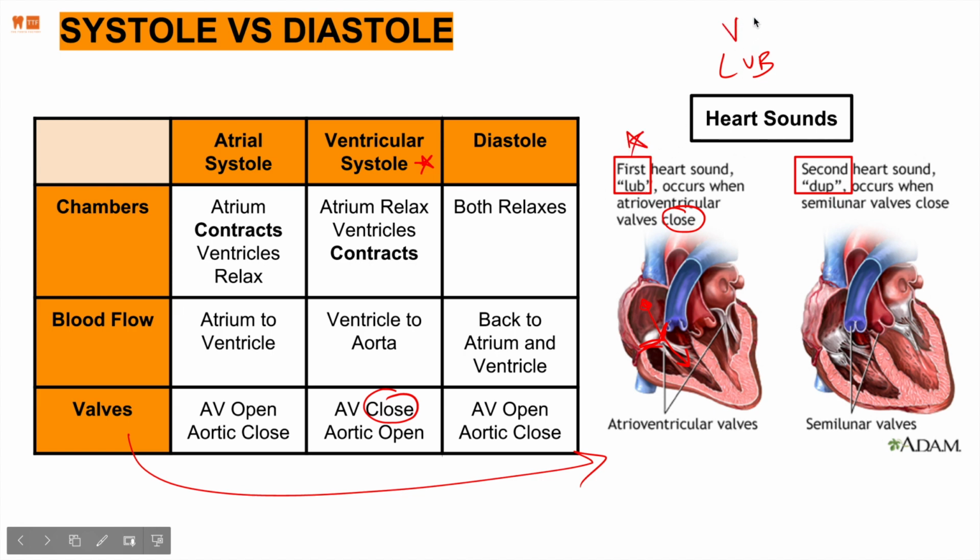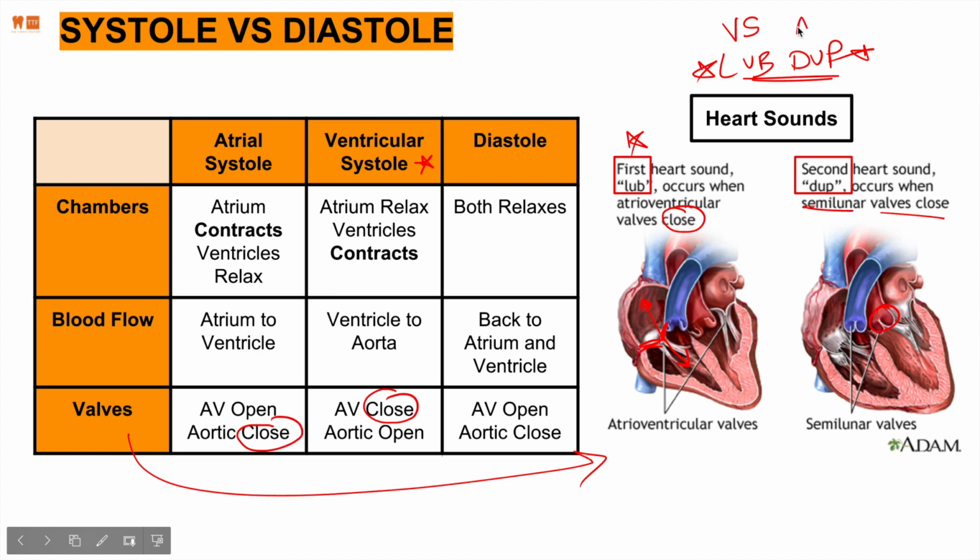So ventricular systole. The second heart sound known as dub, lub dub, that's our heart sound, occurs when the semilunar valve close. And by semilunar valve, for example, aortic valve is a semilunar valve. It's when they close, for example, during atrial systole.